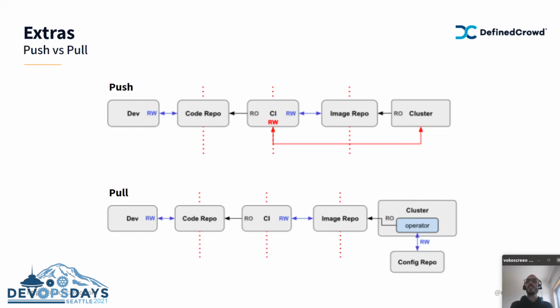You have clusters in Europe, in Asia, in North America, and your pipelines run only in one region. For you to do a deployment, you would have to open a cluster, possibly on another cloud provider, to those pipelines. If you have an agent that runs inside those clusters, there's no need for that connection, and the cluster can pull that information and operate on its own.